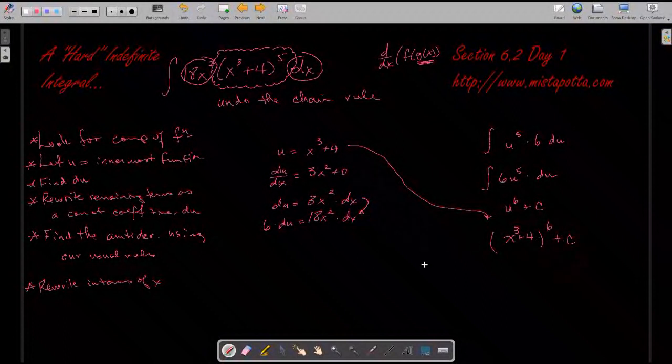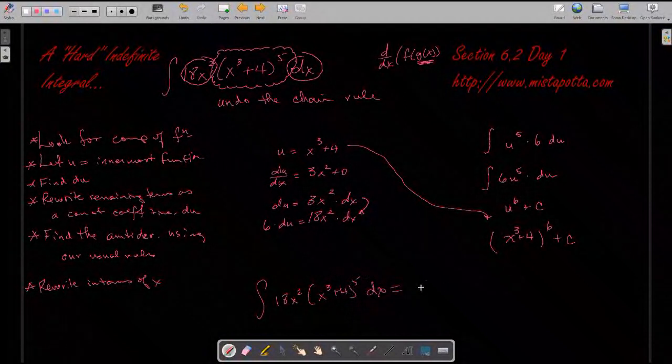And so my indefinite integral of 18x squared times x cubed plus 4 to the 5th dx is equal to the quantity x cubed plus 4 to the 6th plus a constant.